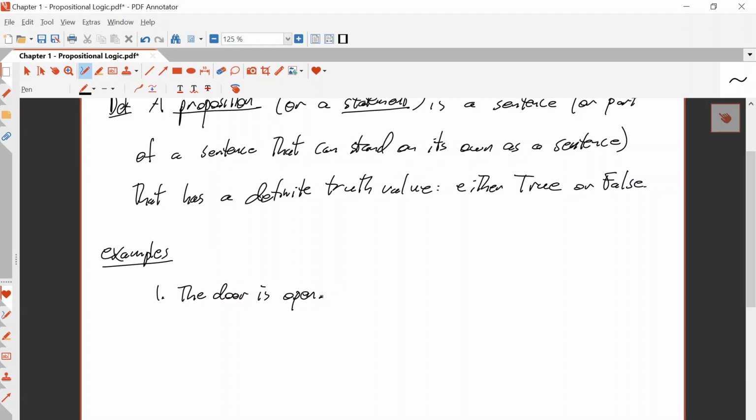So the door is open, that could be a true or a false statement, depending on which door you're referring to, but it's true or false. Either it's closed and latched, or it's not. 2, 4 is even. All right, this is true. And this is true depending on which door we're talking about.